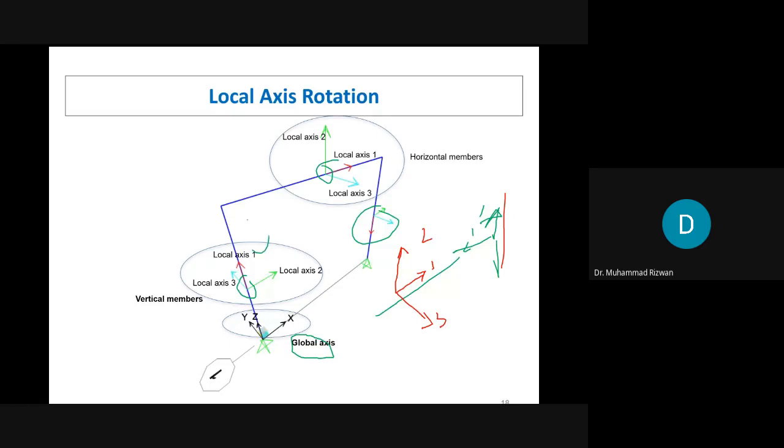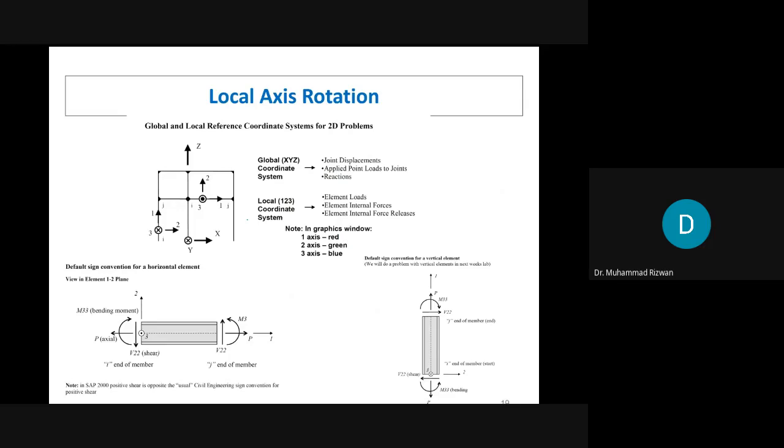Similarly, we could also have this for the simple frame, the area element, as well as for the joint. Here they are showing you the local axis 1, 2, 3 orientation. In SAP, they are also colored: red always shows local axis 1, green shows local axis 2, and blue shows local axis 3.